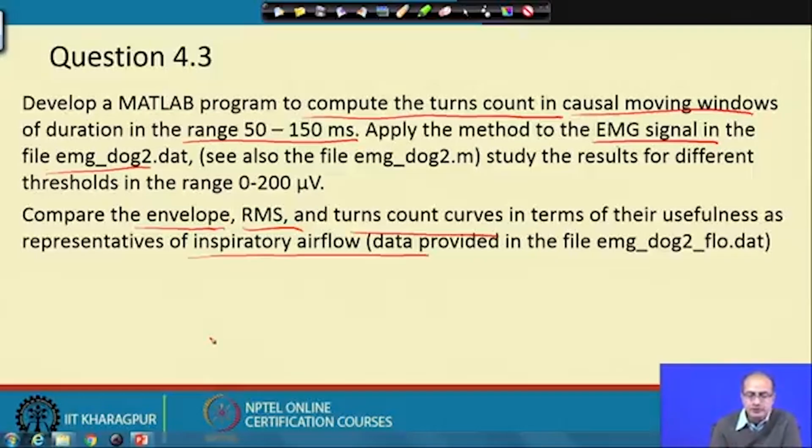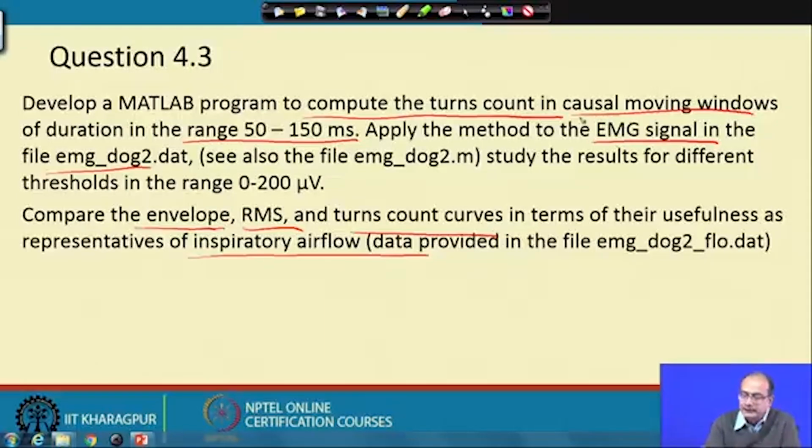So, that also gives us an index of the amount of force exerted by those muscles. So, they should be comparable in some way, which is actually proportional to the airflow.